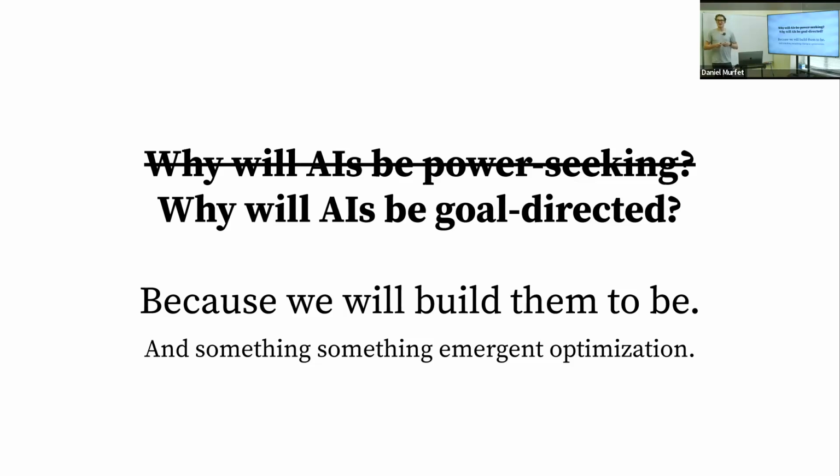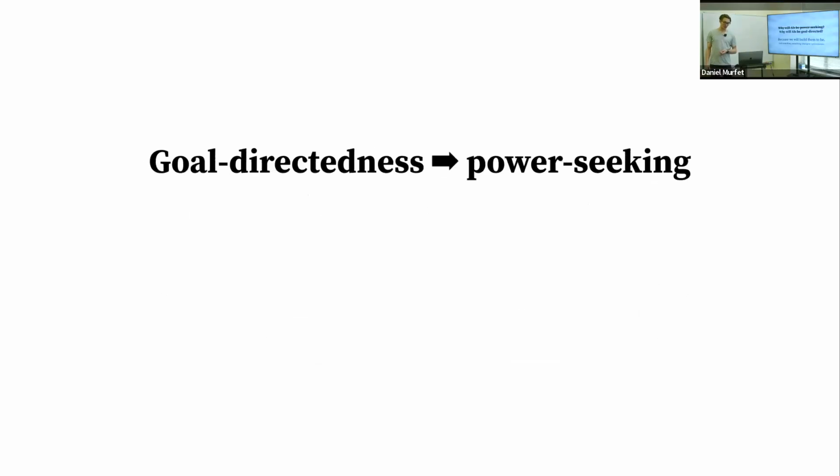And so if the goals are complex enough, or if they involve very long time scales, even if we don't build in explicit goal-directedness, maybe we still end up with goal-directed systems just because the problems require the solutions to look like that. And we'll get back to that in a little bit.